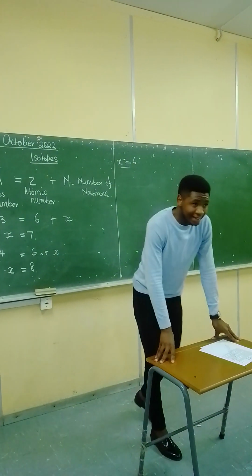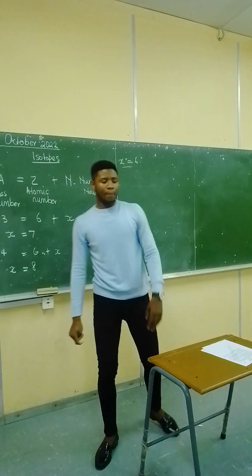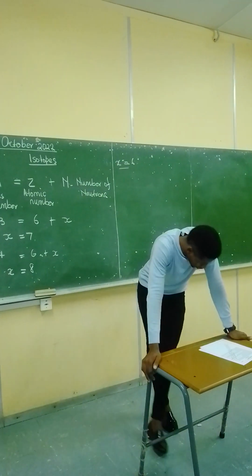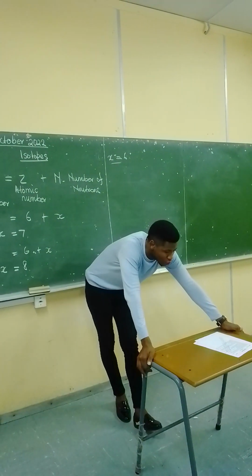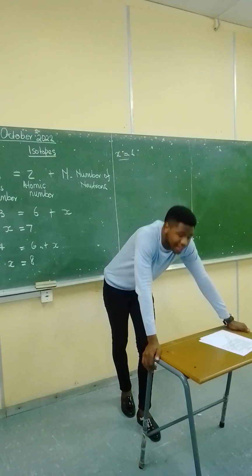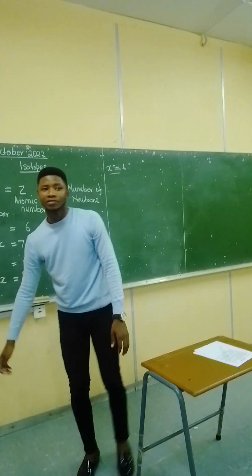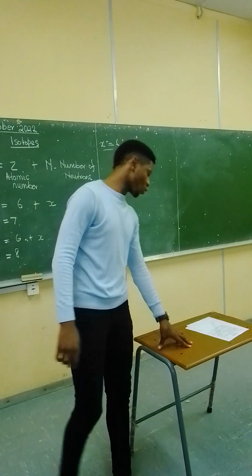Now, to go further we have what we call the atomic mass, which is the relative, in other words, the average of what we've done. So we are still going to go on to those concepts.